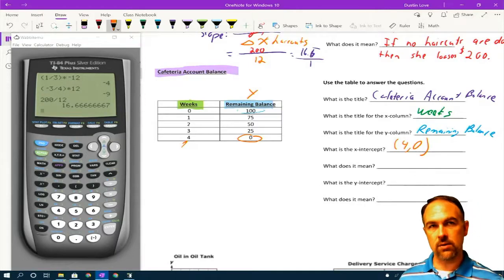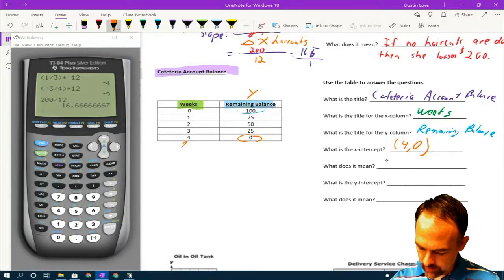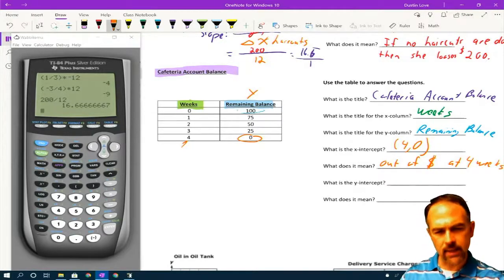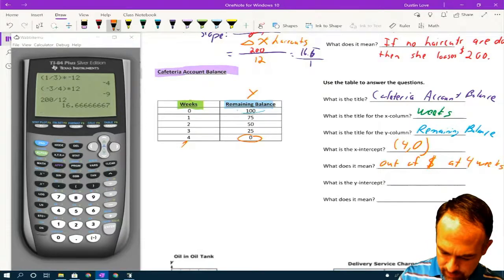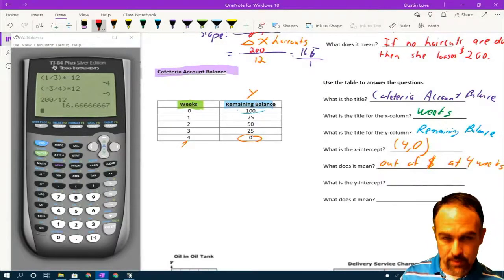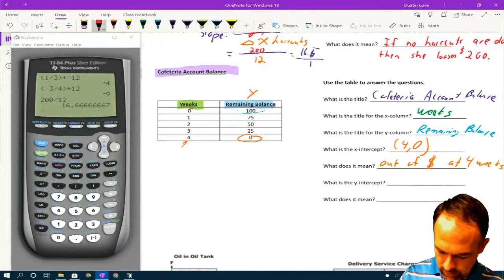To have $0 means the money has run out. So I guess we're out of money at 4 weeks. Okay. What about our y-intercept? Let's see. The y-intercept happens when x is 0. x is 0 right here.